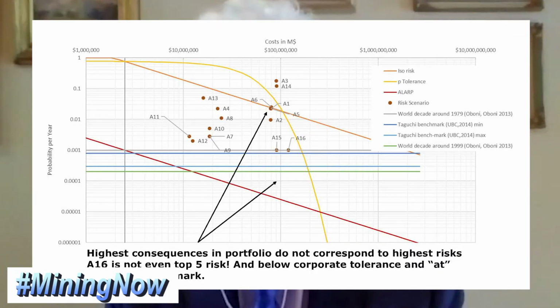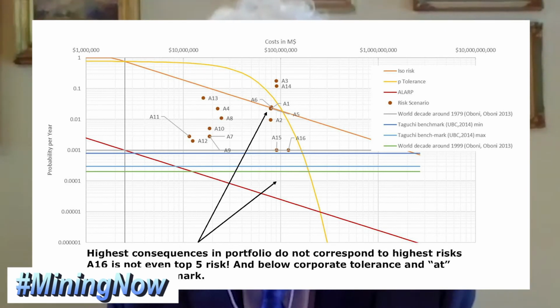And finally, the last graph I would like to comment on is the one that shows explicitly the yellow curve, which is the corporate client tolerability of this specific client for this specific portfolio, and a bunch of other interesting thresholds, including the societal one that we will not discuss now because we don't have time.